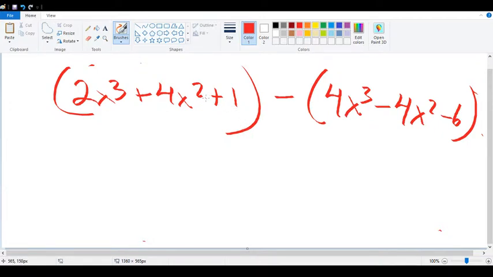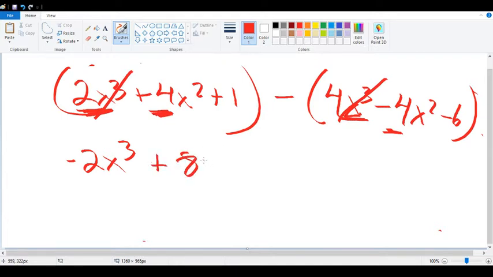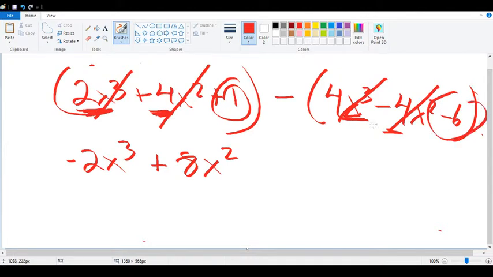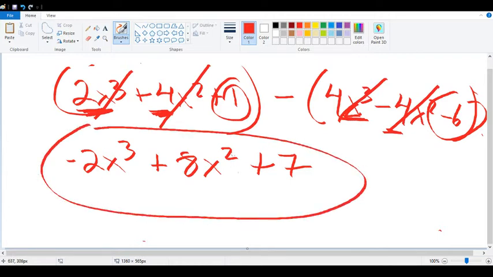So we have to, just like adding polynomials, we have to find the like terms. 2 minus 4 is -2x to the third. 4 minus -4, that becomes +8x to the second. And then we have 1 minus -6, that becomes 7. And this is my final answer.